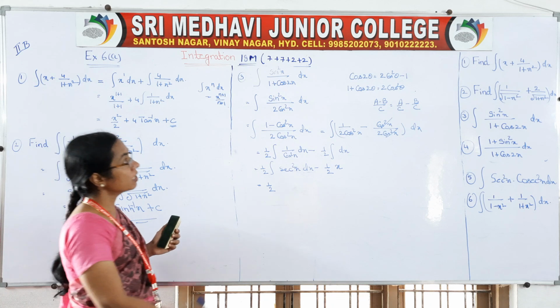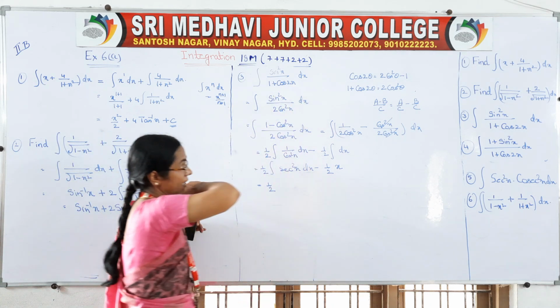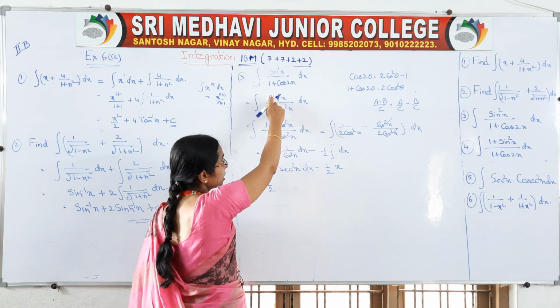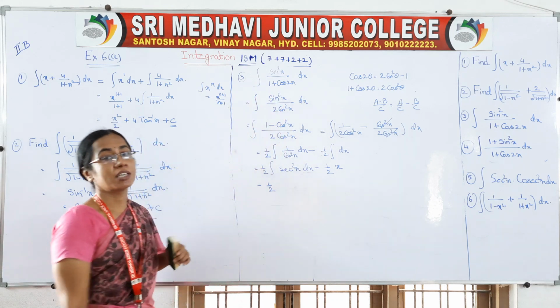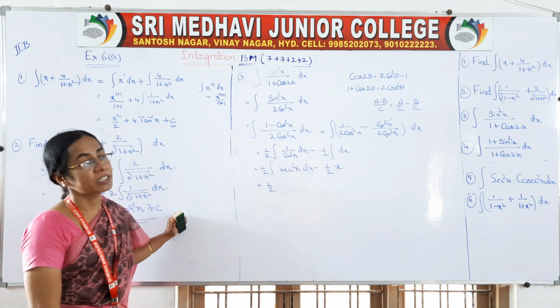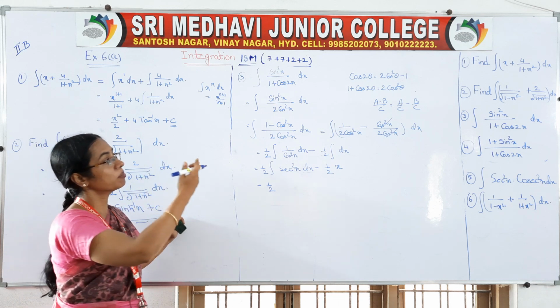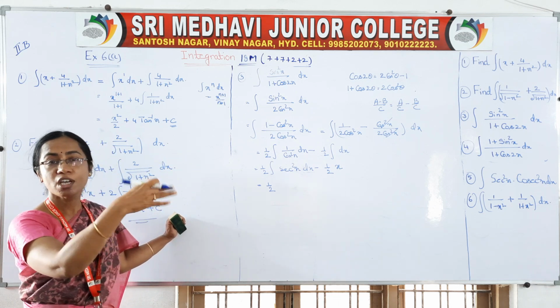Here we have taken 1 plus cos 2x as 2 cos square x. Since cos is there, try to convert this also in terms of cos. How can we convert? By using our identity, right? We can write sin square x as 1 minus cos square x. Our aim is to convert the entire problem in terms of cos only.